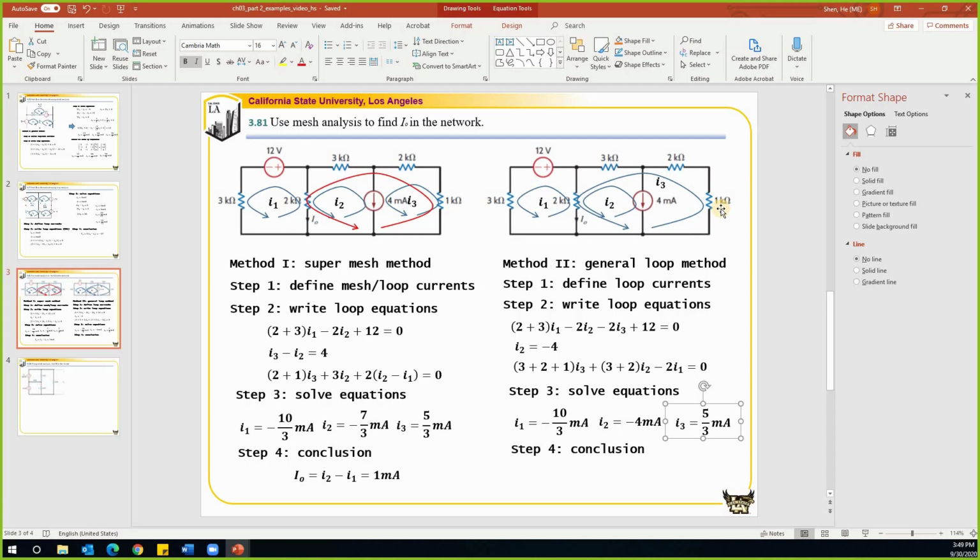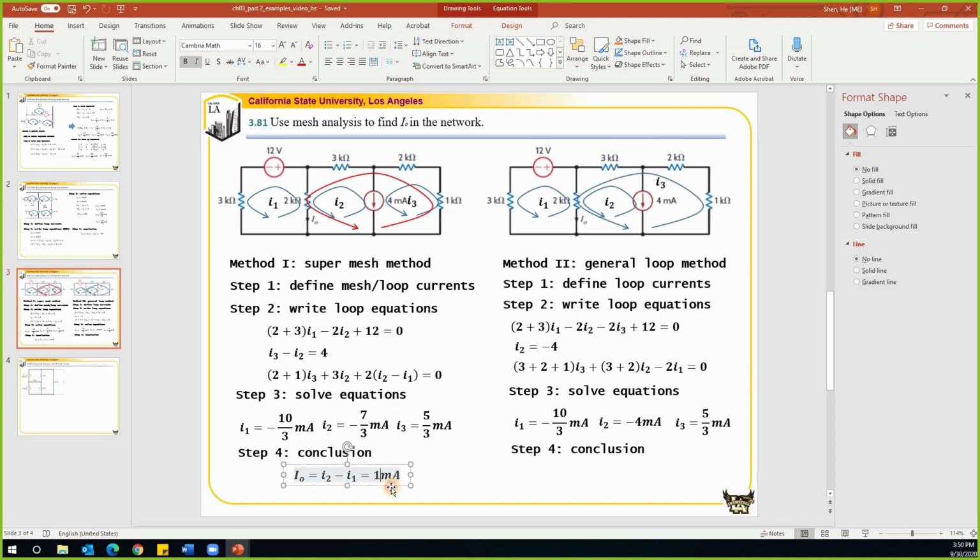No extra current. The same, right? Look, there is only one loop current going through this branch, and which is I3. And this is how I define I3. And I3 is also the same as the previous solution. So only I2 is different because of the way we define it, right?